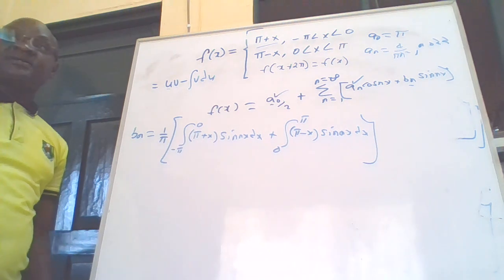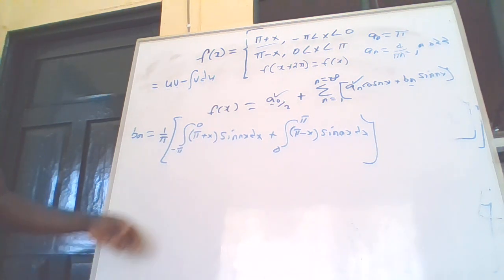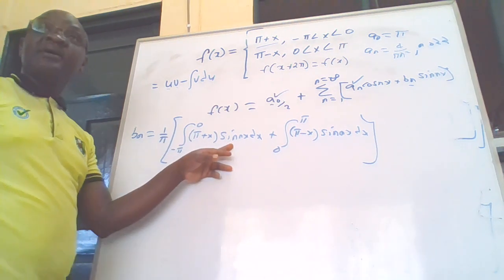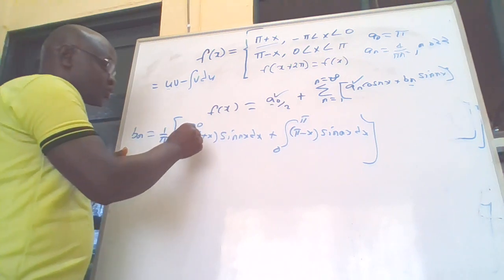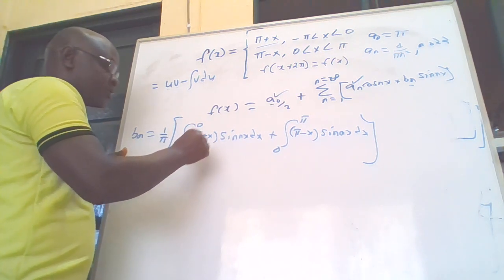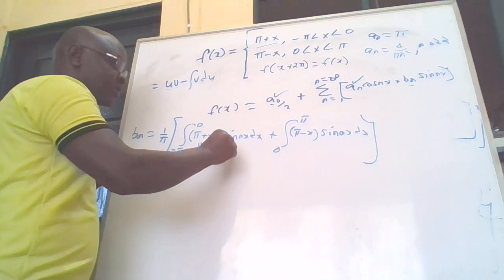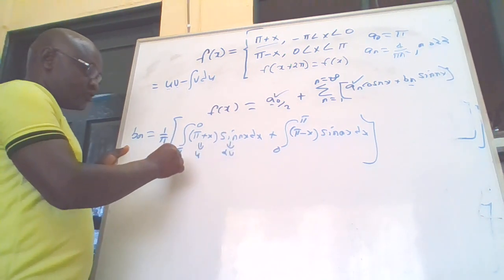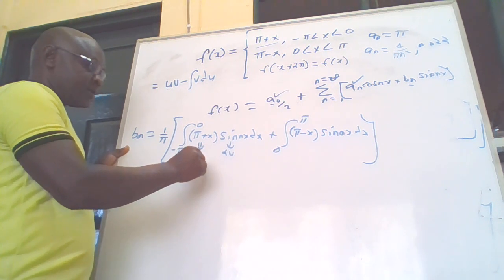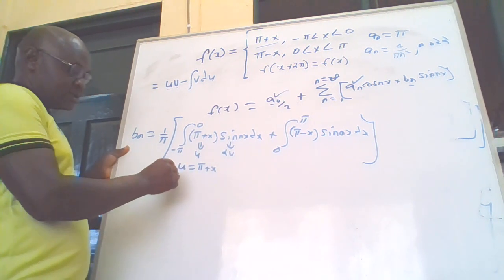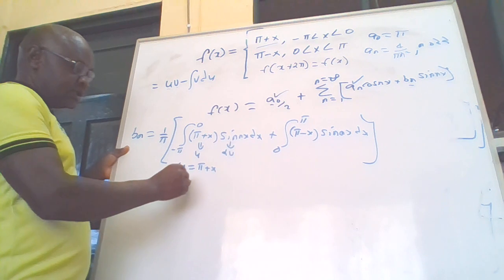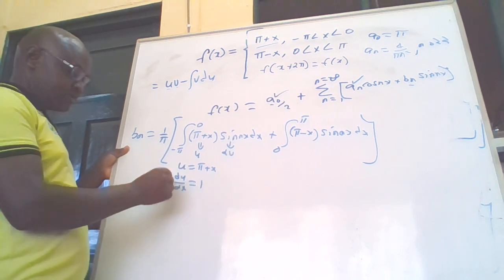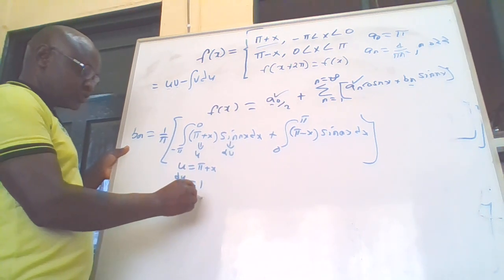So once we have done this, we now need integration by parts. So this will be our u, this will be our dv. Here we have u equals pi plus x, du/dx equals 1, meaning that du equals dx.